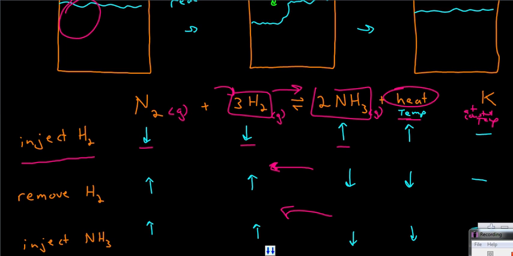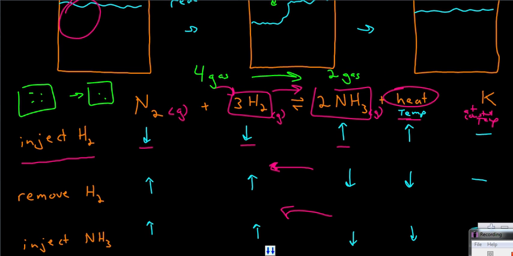We have 4 gas particles on the left, and we have 2 gas particles on the right. By increasing the pressure, the system will tend to decrease the pressure by decreasing the number of gas particles, turning 4 particles into 2. So that will shift the reaction to the right.